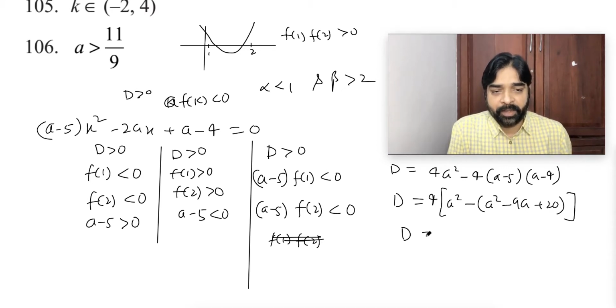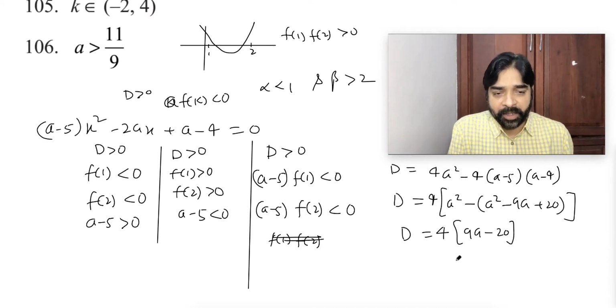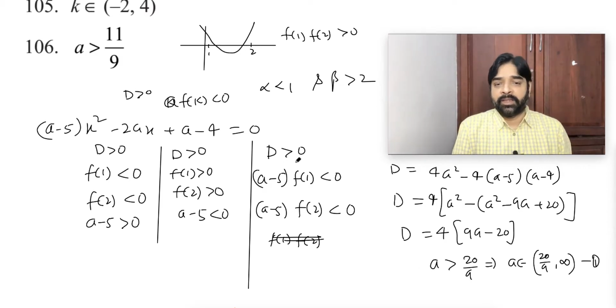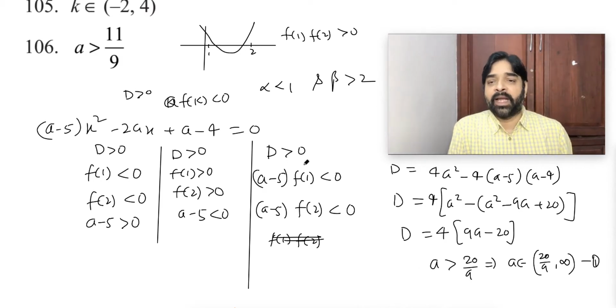So a square will get cancelled, and that is going to be 4 into 9a minus 20. So D greater than 0 means a must be greater than 20 by 9. Am I right? Or you can say a element of 20 by 9 to infinity. This is the first condition we got.